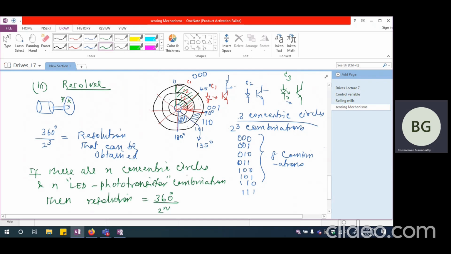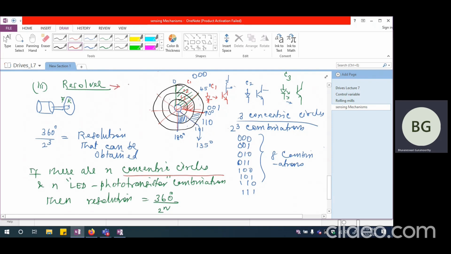So we should be able to get extremely good resolution as we increase the number of concentric circles further and further. So this will be able to give me directly the shaft position or rotor position.